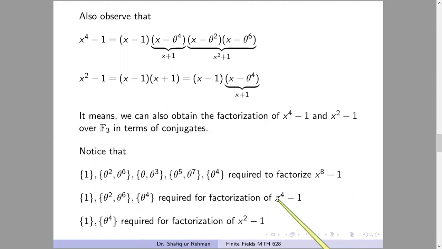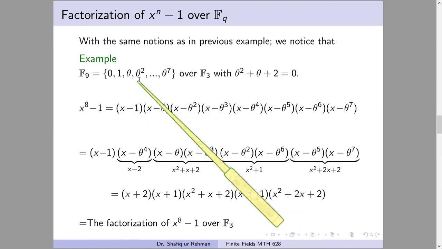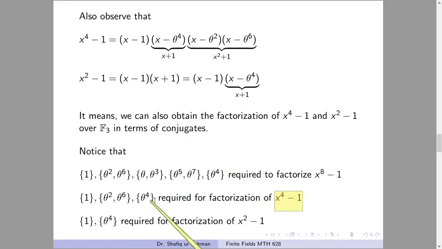Now when we want to factorize this polynomial, we also require elements from the same field. We are taking elements from the same field, but now we are not taking all the sets of conjugates. We take only 3 sets of conjugates: one, this, and this. But there should be some general procedure for how to obtain these sets of conjugates.